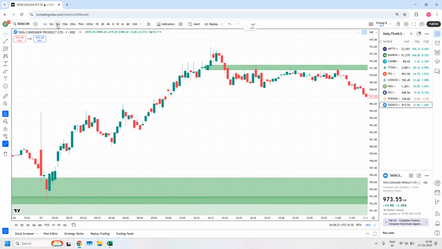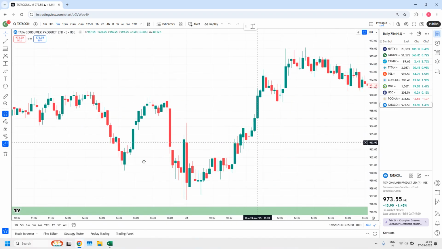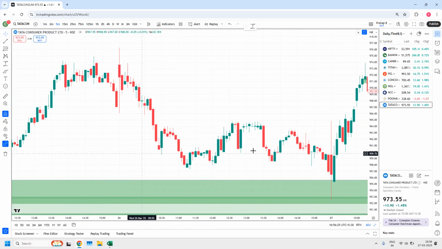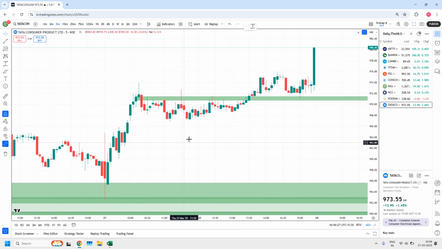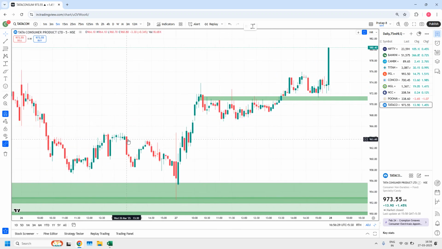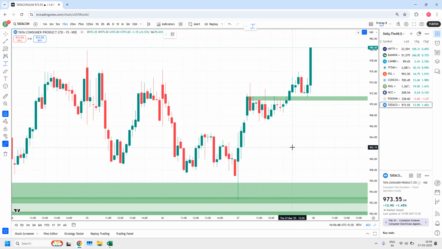Or if you are convinced about the 15 minutes, even though it is pierced, and you still want to consider it, probably here you might have booked your profit. Yes, so many candles in 5 minutes: 1, 2, 3, 4, 5, 6, 7. This zone will be violated easily, because we know a lot of consolidation took place here. Go to 5 minutes.